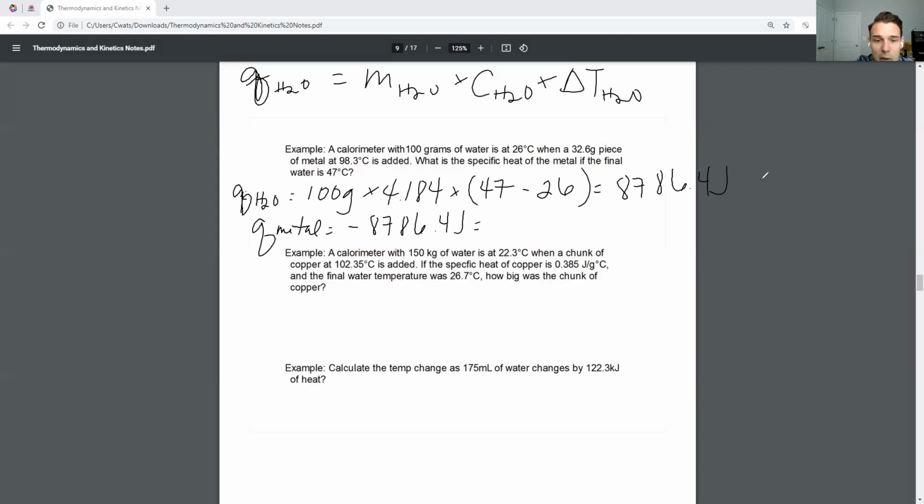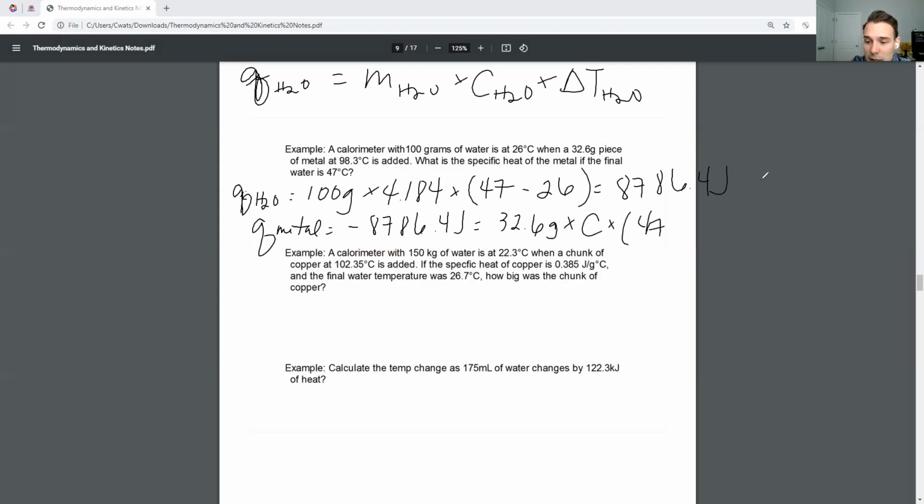So then we can do the Q equals MC delta T for the metal. We know the Q, the mass of the metal, 32.6 grams times C, because that's the thing we're trying to find. Now, the final temperature of the metal is the final temperature of the water because they're in the water, and so they're at the same temperature.